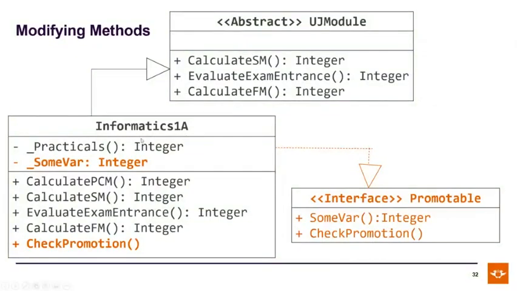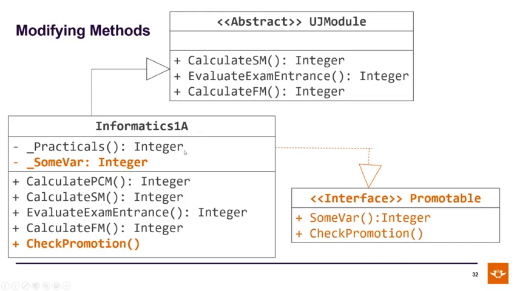Here we have UJInformatics1A inheriting from UJModule. And it also is connected to the interface. So its base class isn't the interface. Its base class is UJModule, but it semi-inherits from Promotable.